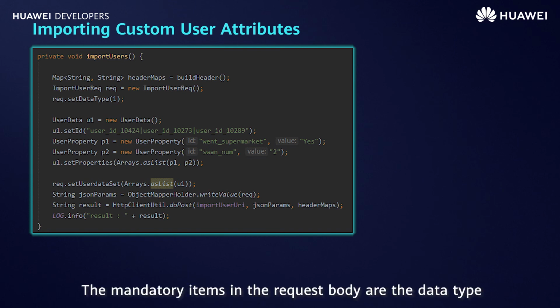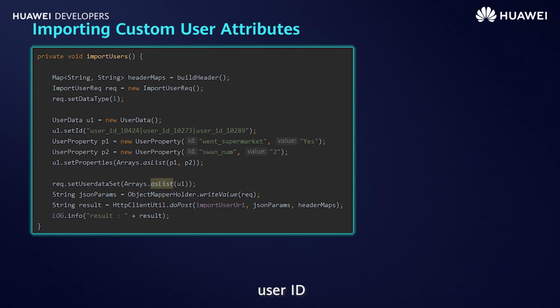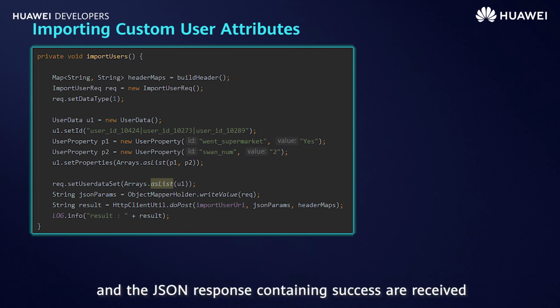The mandatory items in the request body are the data type, user ID, user attribute ID, and user attribute value. The data type must be set to 1 because the user attribute is customized. If the status code 200 and the JSON response containing success are received, the user attributes have been successfully imported.